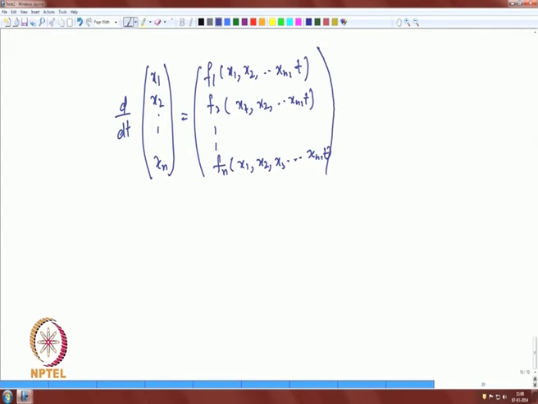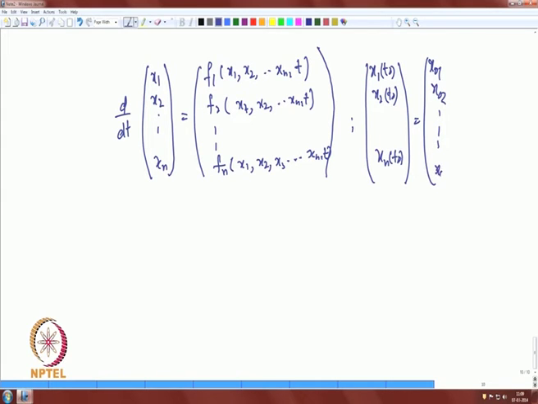We have n equations with the initial conditions x1 at t0, x2 at t0 and so on, xn at t0 are x01, x02, etc., x0n.